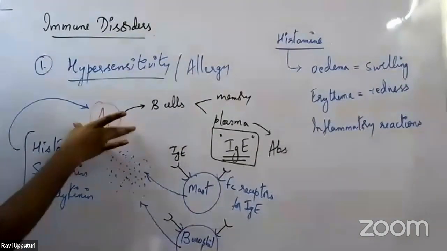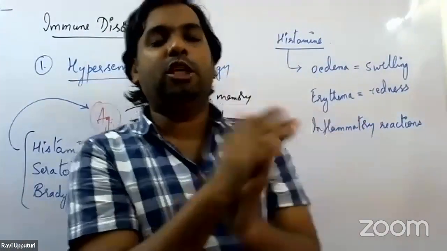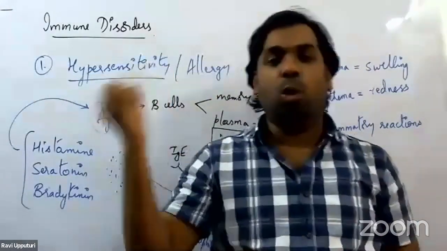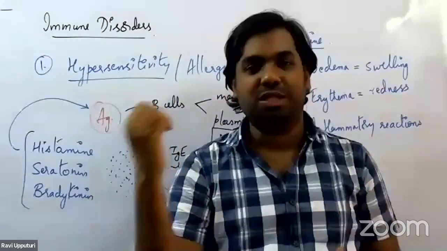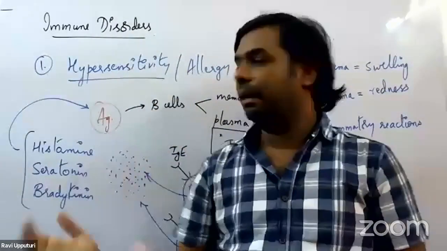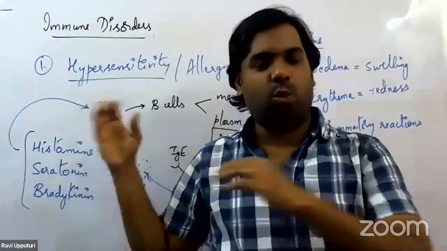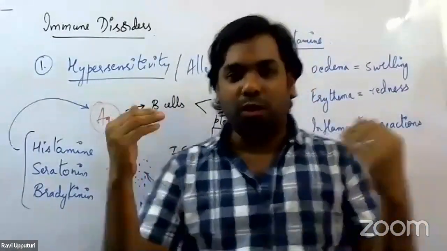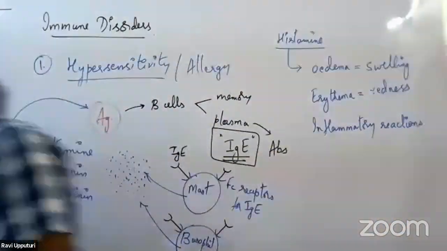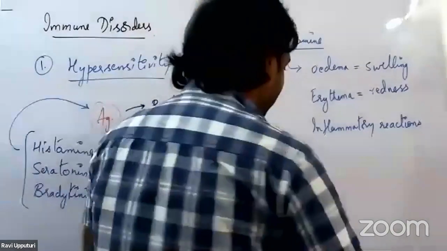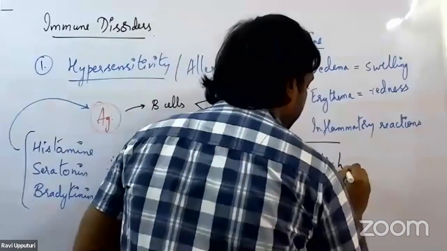Along with targeting the specific antigen that has entered into the body, whatever cells and tissues are surrounding that antigen, those human tissues, self tissues or self cells, are also being targeted by these substances. So, whenever a person is suffering from this, to reduce the allergic reaction or the inflammatory reaction, the doctors usually administer something called antihistamines.